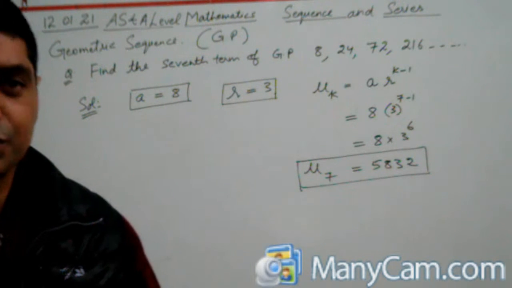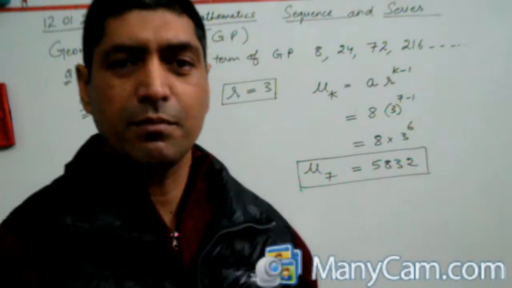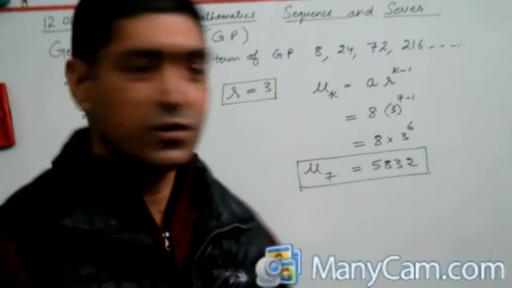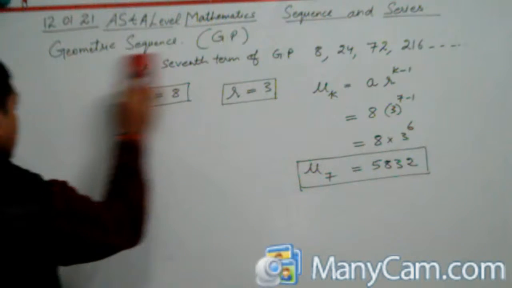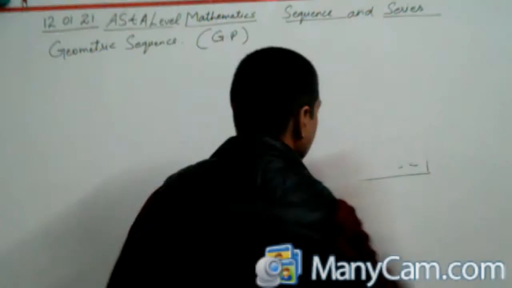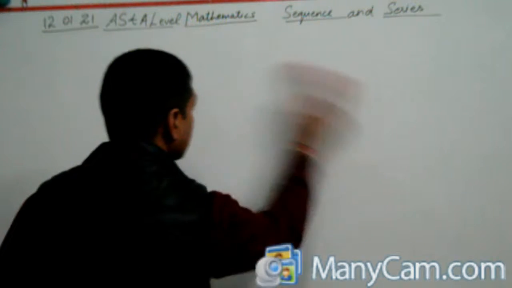Now we will switch over to the sum of n terms, like we did in arithmetic progression. So here also we will discuss the sum of the terms of a geometric progression, right?